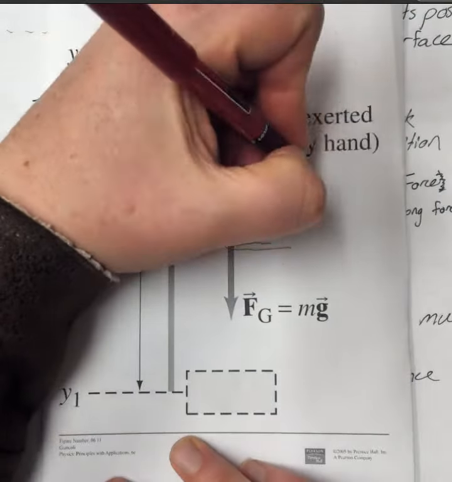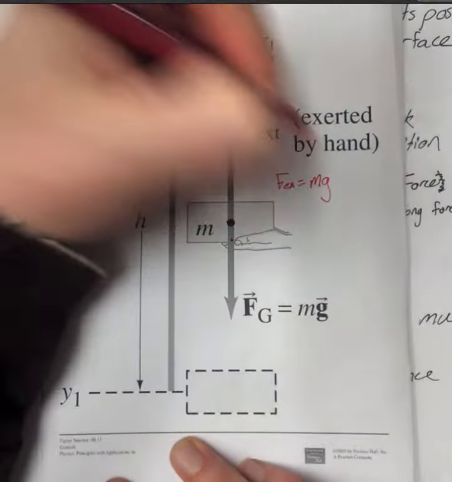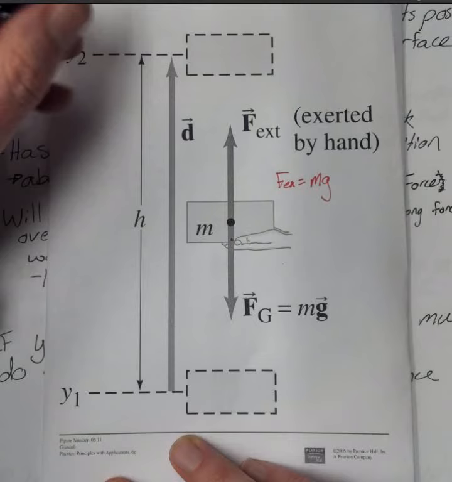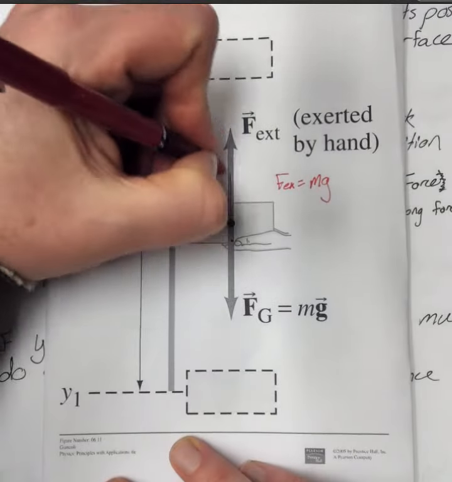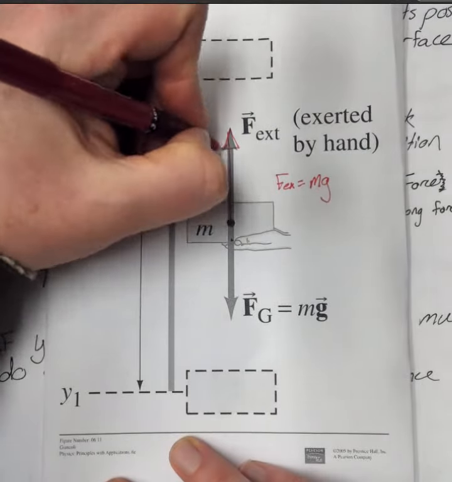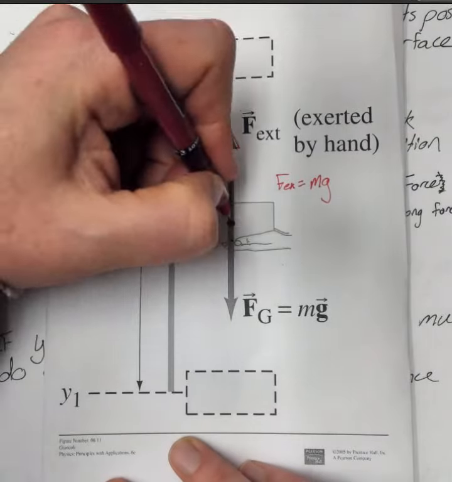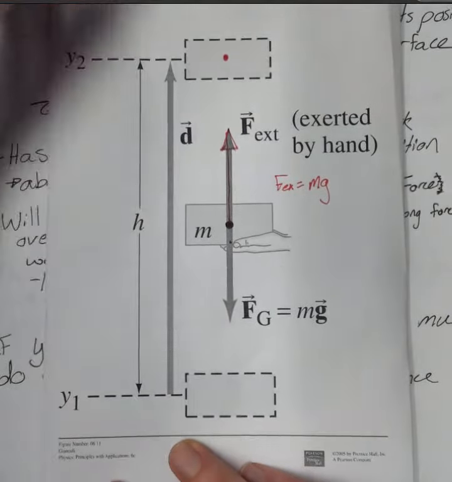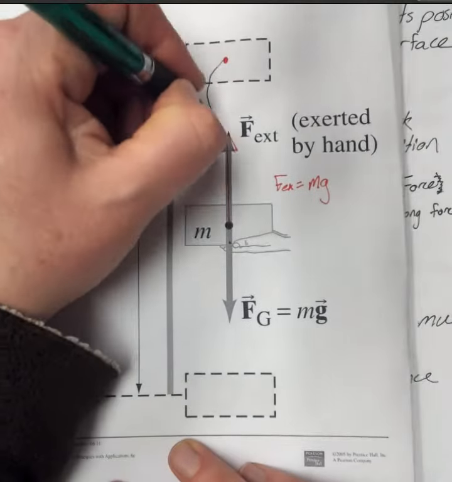The force that you're going to exert is going to be equal to the weight of the object, because if the forces were unbalanced, you would accelerate. Your force is going to be applied upward, and that's going to cause this brick to be displaced in an upward direction.